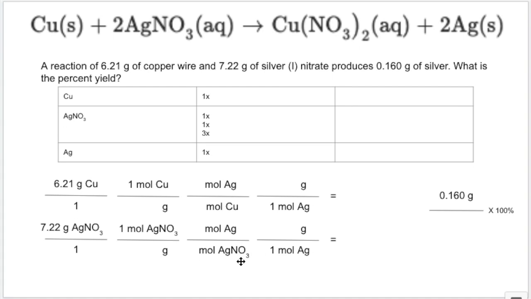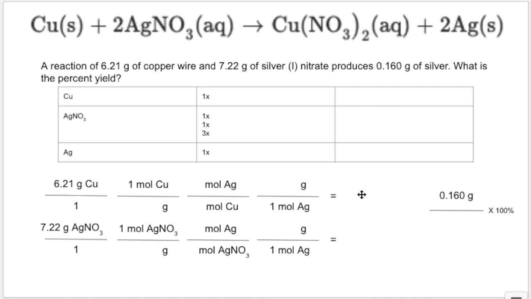For moles of silver nitrate, I have 2 silver nitrates to 2 silvers, so my ratio will be 2 and 2, which will reduce to 1 over 1 if you want to reduce. But if you want to go straight off of the balanced equation, it would be 2 and 2. Then I need the molar mass of silver, which again is 107.87. I'd put that here, multiply across, and then divide. I believe the answer there is around 5.